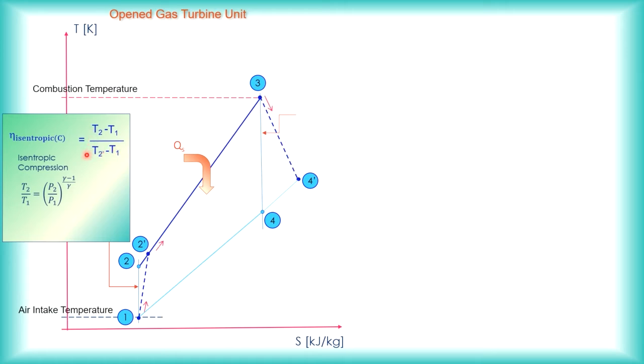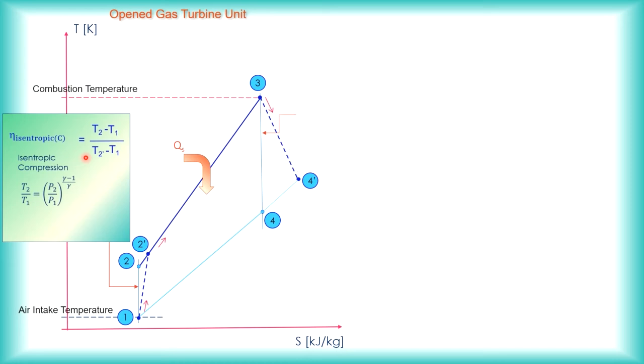Since the numerator and the denominator have the common CPA, you don't see a CPA written in the formula. It is directly written in terms of temperature only, where the CPA is neglected.